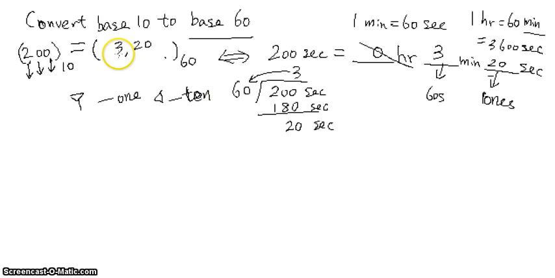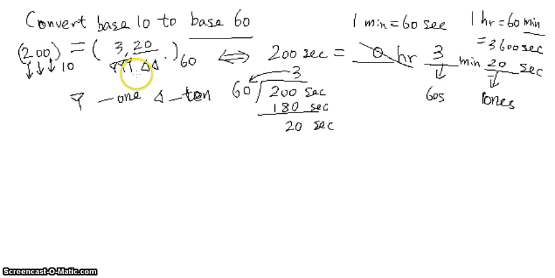So in order to describe this in Babylonian symbols, first let's describe, it doesn't matter actually which one you do first. 20 is like 2 tens, so we draw 2 triangles. And 3 is like 3 ones, so we draw 1, 2, and then 3.